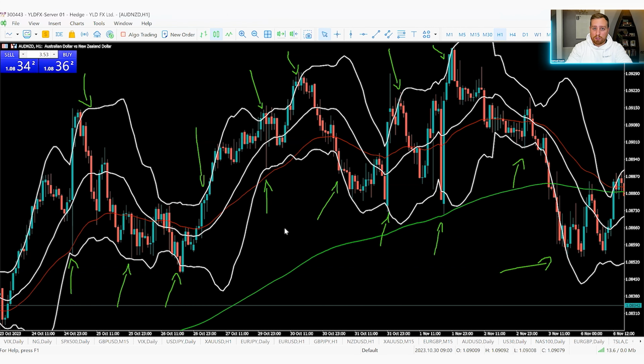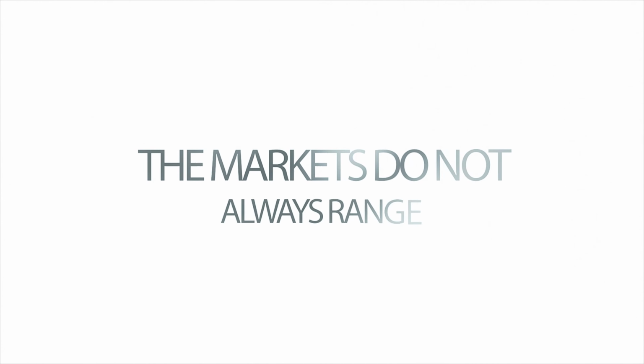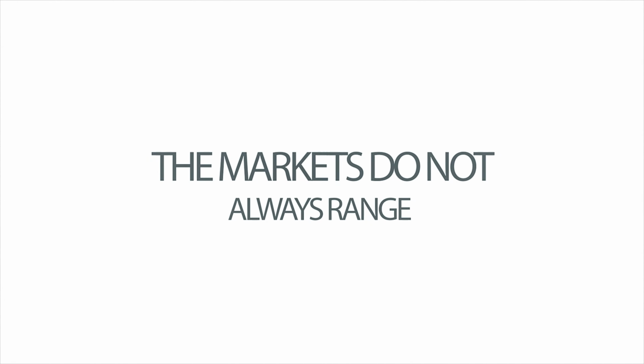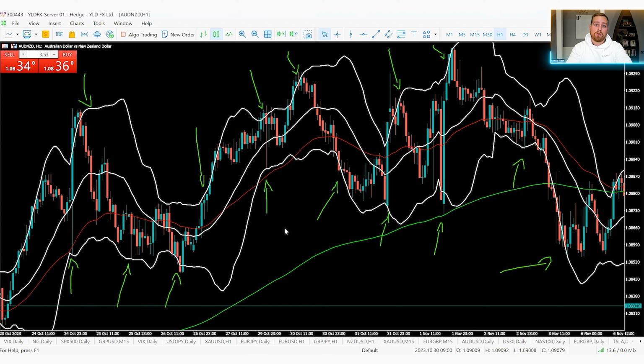The downside to using Bollinger Bands is the simple fact that the markets do not always range. This makes them vulnerable to shifts within market news. So if you have a strong news announcement coming out, fundamental news, you'll find that the bands are completely made redundant because the market won't even respect the technicals of what is average pricing.